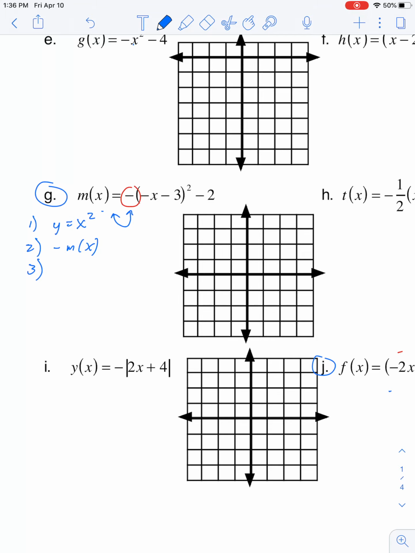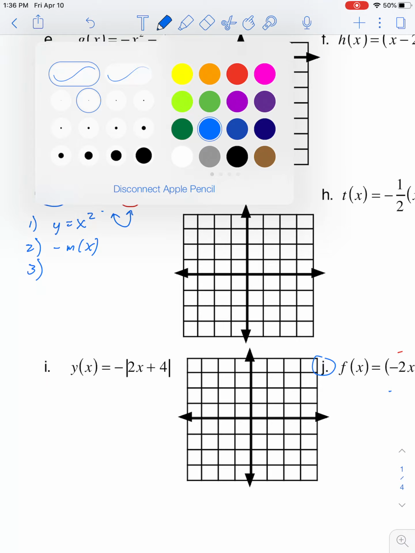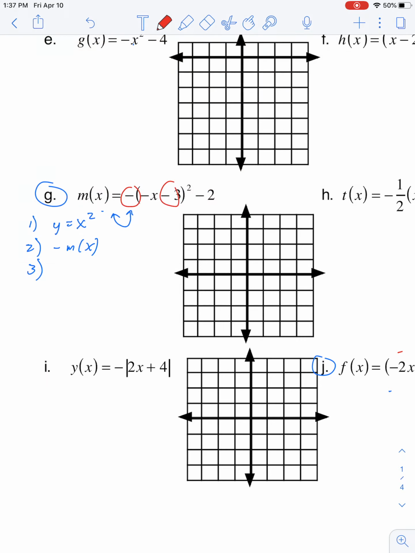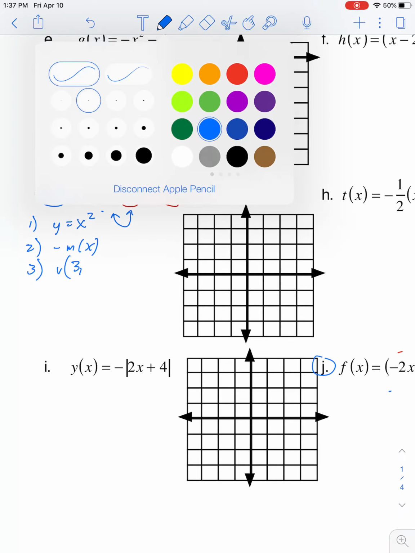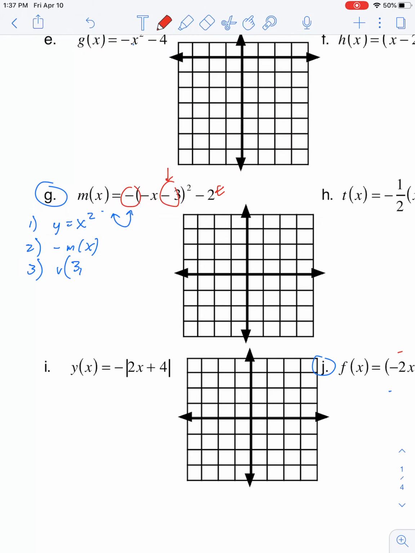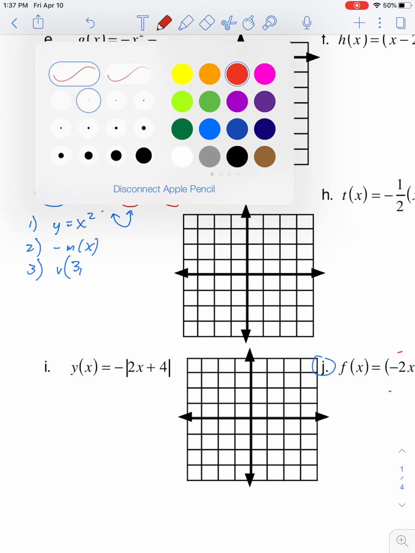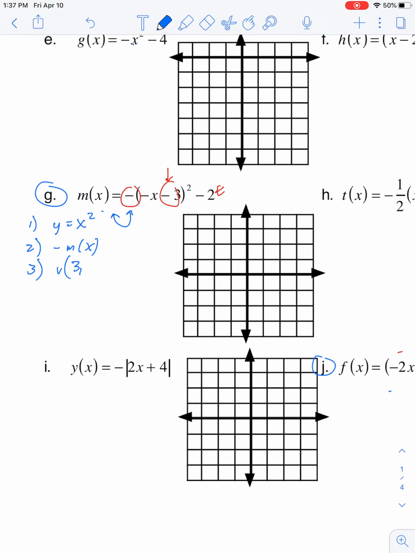Now the vertex, that inside number there, the -3, we always change the sign of that. And so that's actually become a 3. And then that last number there, the -2, that's going to be the y part of that vertex. So we have (3, -2).